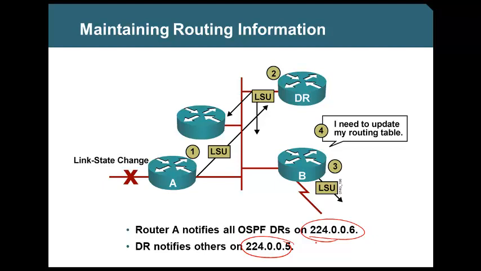DR and BDR. That is why it is all. Both DR and BDR with this address. Now, BDR cannot speak to anyone. Only the DR will notify others using the other address. DR will not notify the BDR because the BDR already knows it. Okay, so more about these things is coming again later.